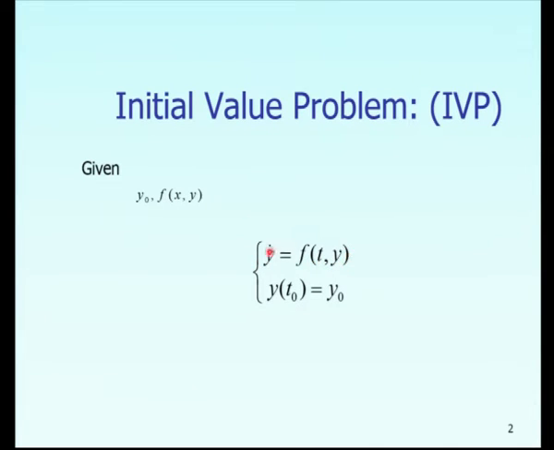Given the right hand side function f and the starting point y naught, we wish to solve the initial value problem, consisting of first the differential equation and then the initial condition. Here f could be any function of two variables t and y, and y naught is the initial condition. y is a function of t as a solution; it can be a function of t or a function of x.